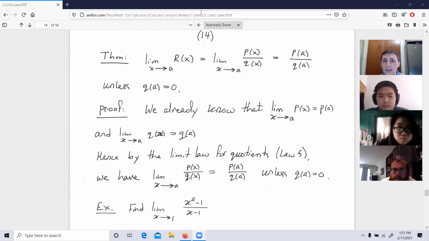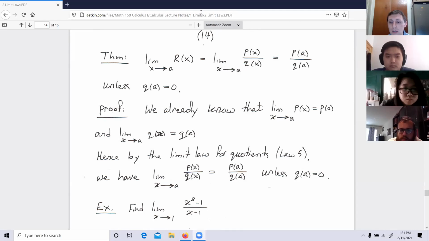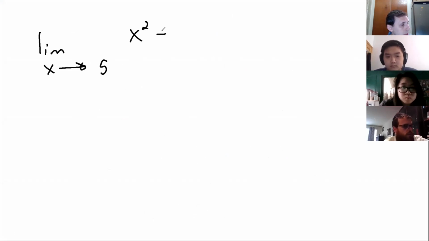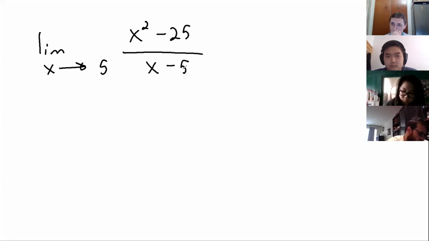Tell me, please, what is going to be the limit as x goes to 5 of (x squared minus 25) divided by (x minus 5)? Calculate it very fast and tell me what I will be getting.